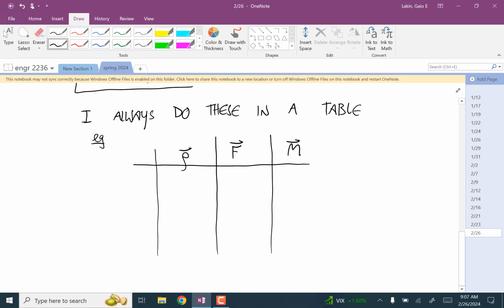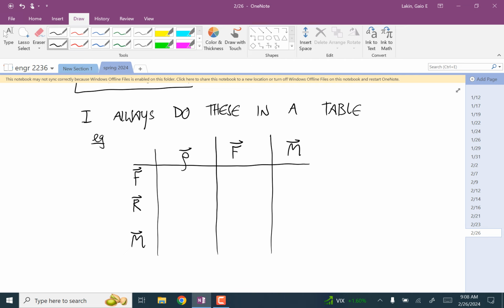So let's say a body has a force F acting on it, a force R acting on it, and then let's say it has a pure moment acting on it that I'll call M, and I'll talk about that in a second. That's a couple.